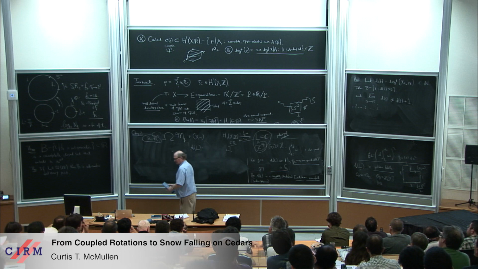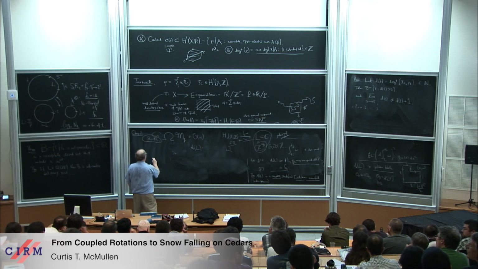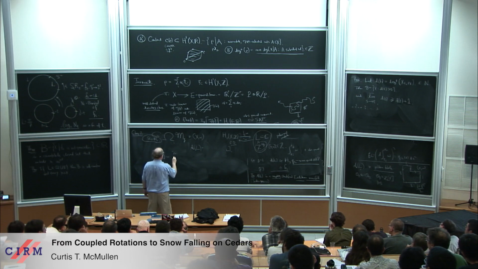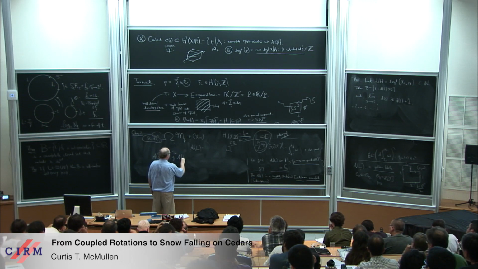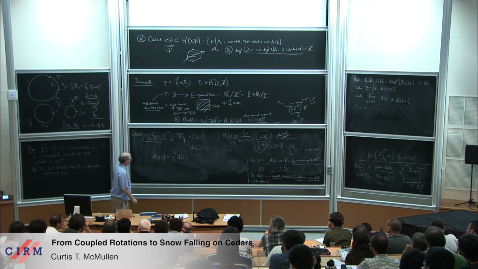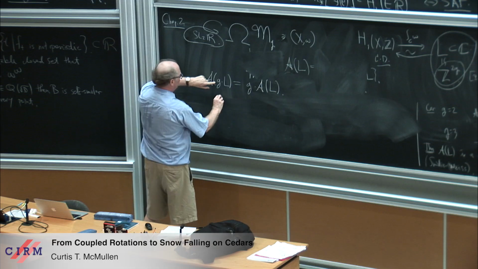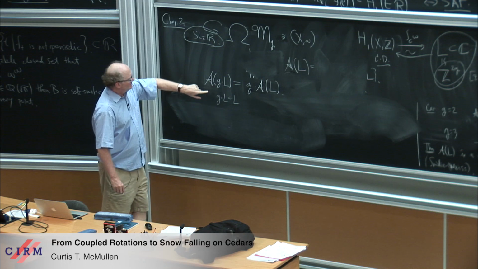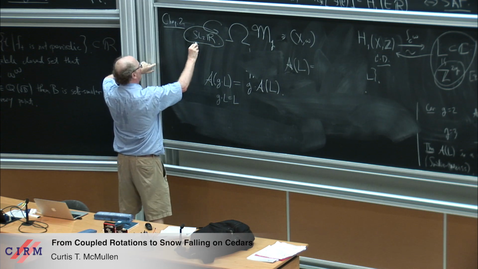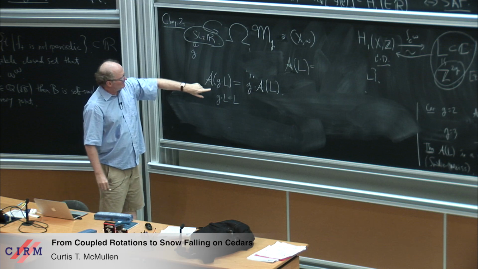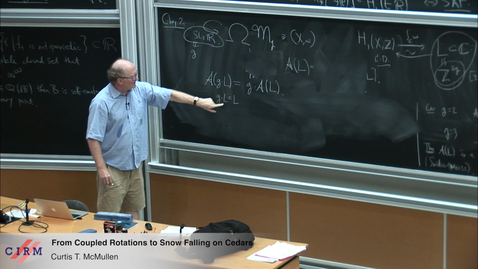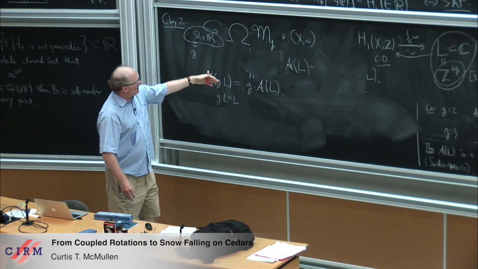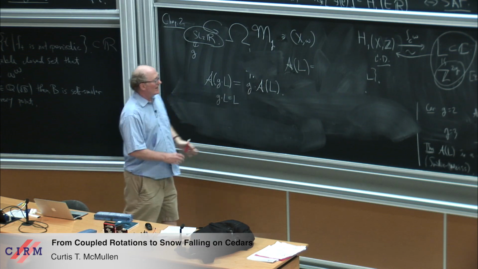That is, A of G times L is equal to G times A of L. So in particular, if G times L equals L as a polarized module, for G in SL2R, then G stabilizes L as a polarized module, and it gives an automorphism of A sub L.